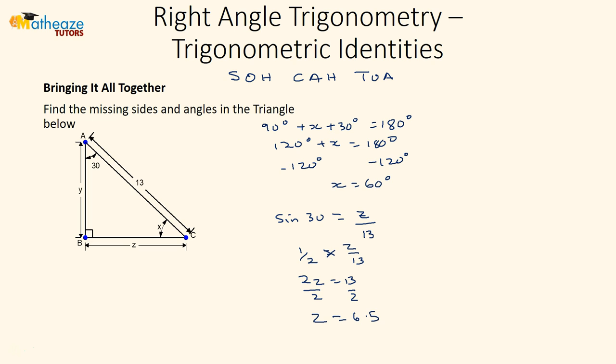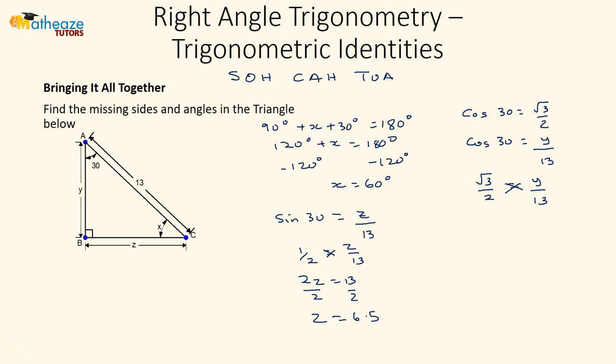Now, let's look at the cosine of 30. That's going to give us the square root of 3 over 2. The cosine of that angle of 30 is adjacent, which is y, over hypotenuse, which is 13. So, square root of 3 over 2 is going to be y over 13.